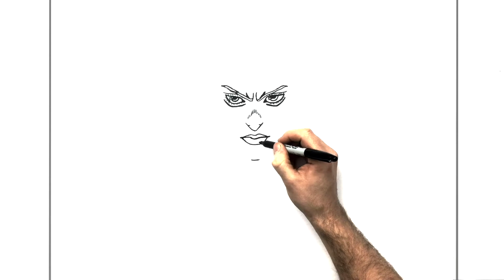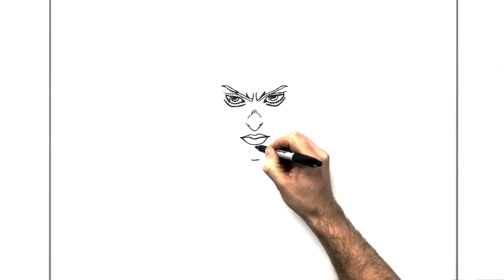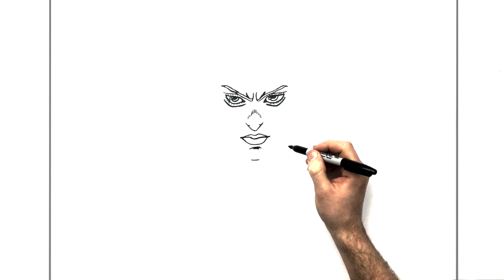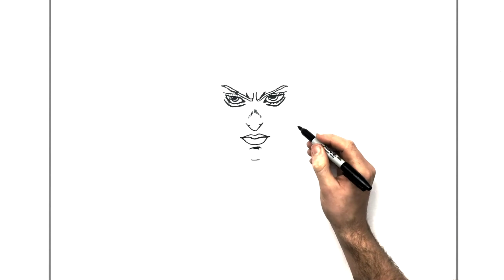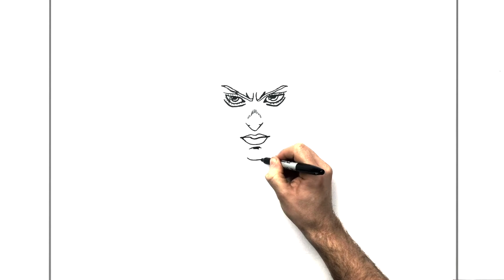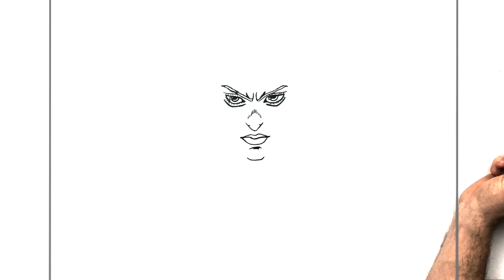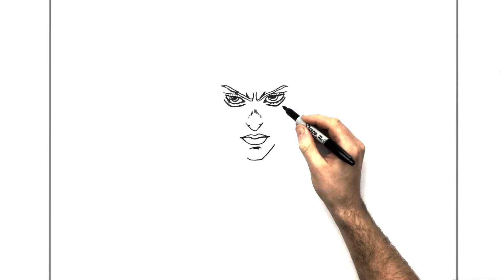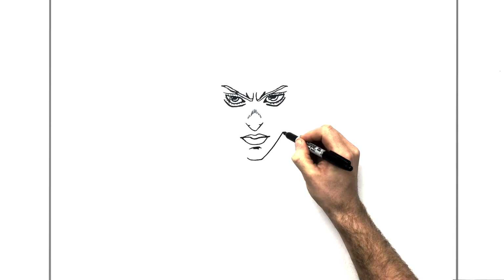So we can sometimes have a line just for his chin, just here, and sometimes it's shaded in, just like so. Now, his jawline is going to come up and go underneath his hair, so it doesn't go all the way. So we have his chin defined here, so we're going to make it a bit longer and curve the edges. And then this is going to come up to about there.